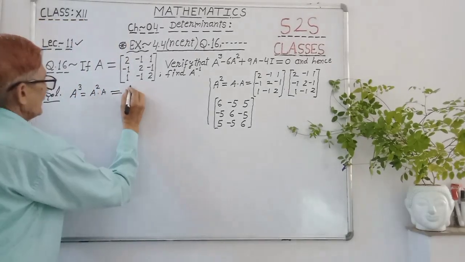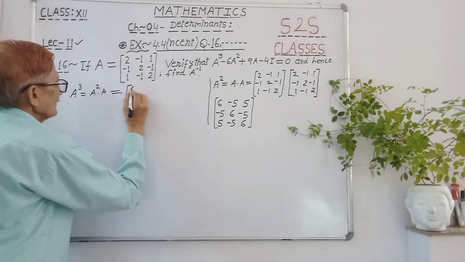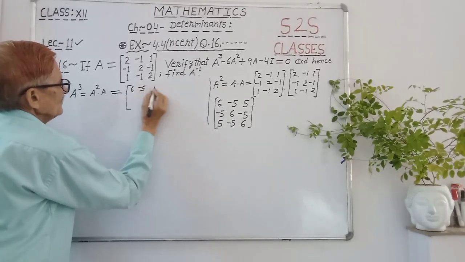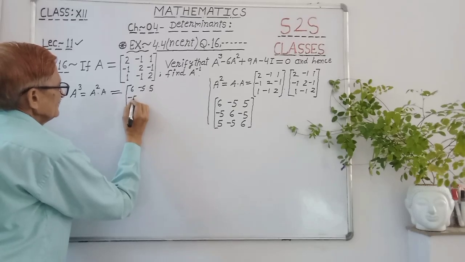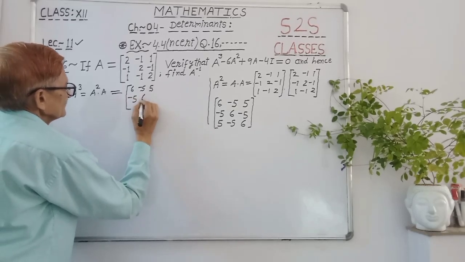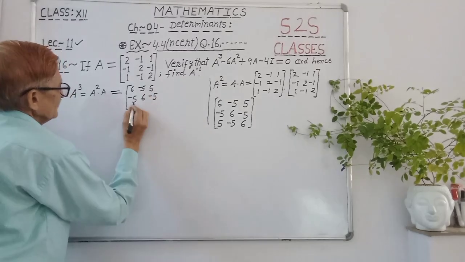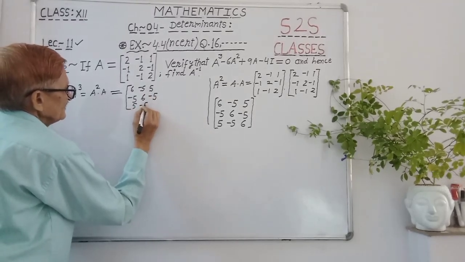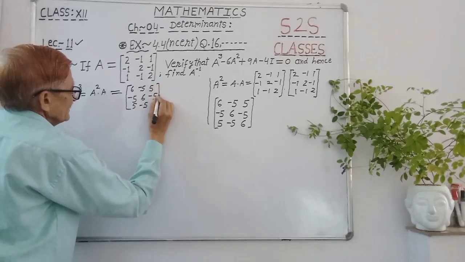Now here we also find A square into A, which is A cube. A square is 6, minus 5, 5, minus 5, 6, minus 5, 5, minus 5, and 6. This is the value of A square.